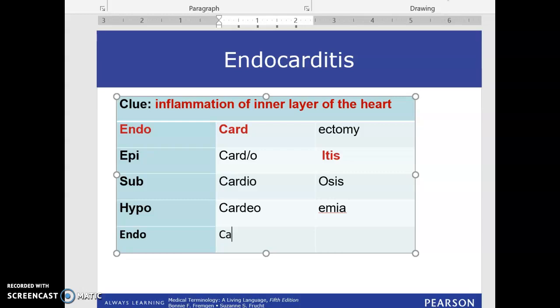All I'm going to do is write card. That's it. Itis is the inflammation. So I'm going to write itis here. Okay? Now I have the correct answer. Endocarditis, meaning inflammation of the inner layer of the heart, which is the answer I am looking for from you in these boxed medical parts, so that you understand how you broke them down, how you put them together, and what your answer is.